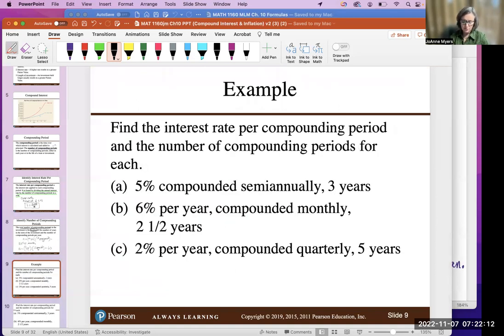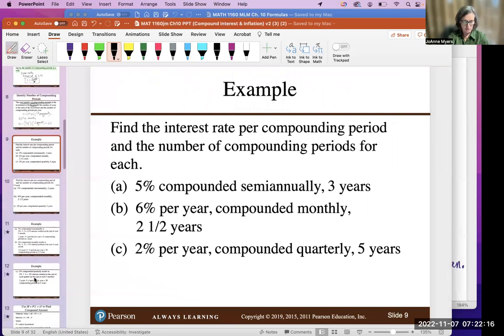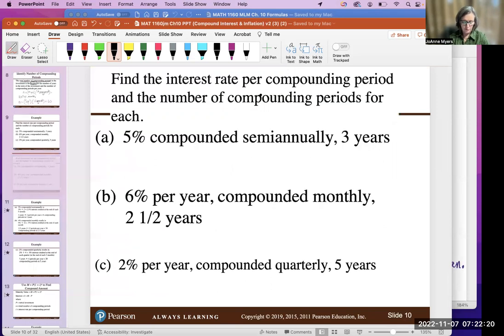All right, find the interest rate per compounding period and the number of compounding periods for each. 5% compounded semi-annually for 3 years. Semi-annually tells me 2 times per year.